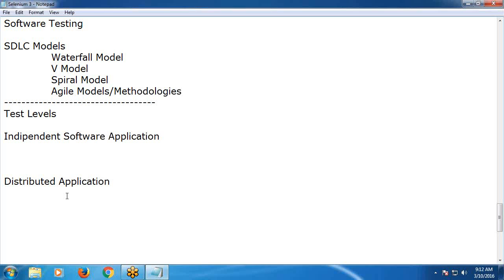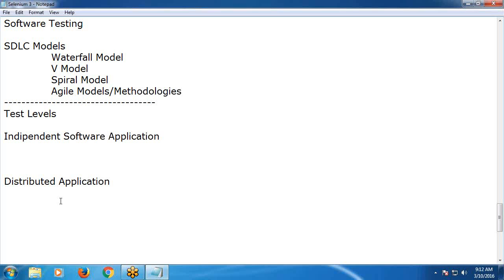See, that is a distributed application. For example, an internet banking application is a distributed application. It does not depend only on the banking database, it depends on other systems. If there is no dependency, that is an independent application, for example a company automation or a retail market application.